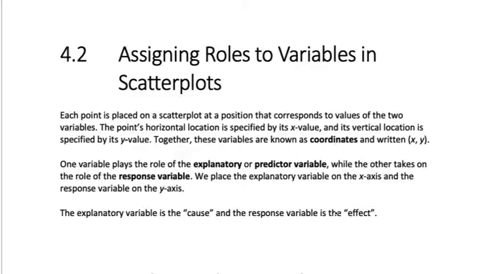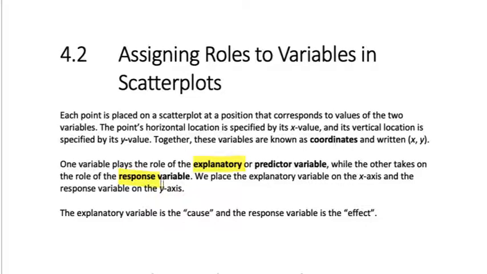Section 4.2 is looking at the roles of variables in scatter plots. We're going to position one variable on the x-axis and the second variable on the y-axis. The way that we determine which one goes where is by thinking about which variable is the explanatory or the predictor variable and which variable is the response variable.